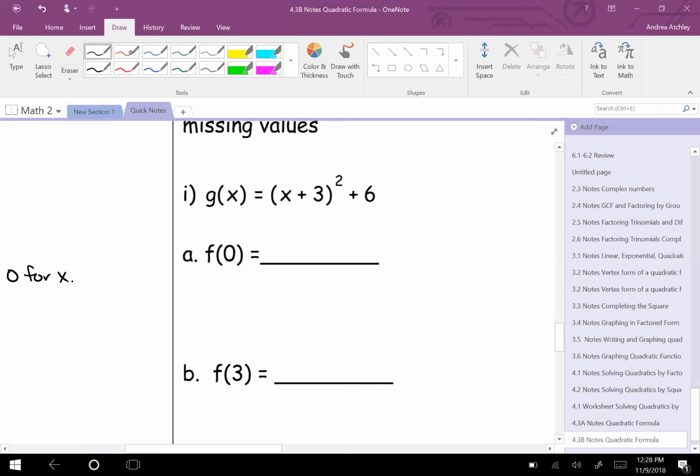Okay, so this is still f of 0. So I'm going to plug in 0 for x. So x equals 0, find y. And this should be g of x. I changed my variable by accident. Okay, so we're going to have g of 0 equals 0 plus 3, the whole thing, squared, plus 6.